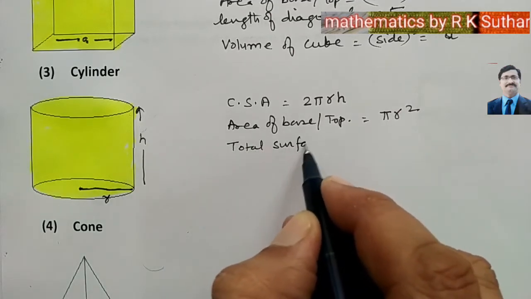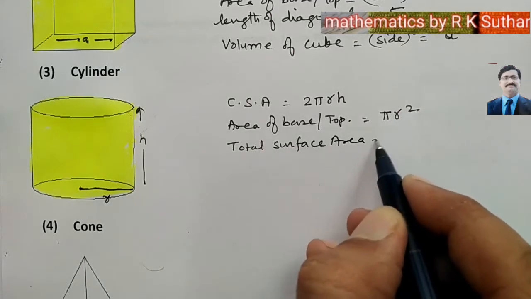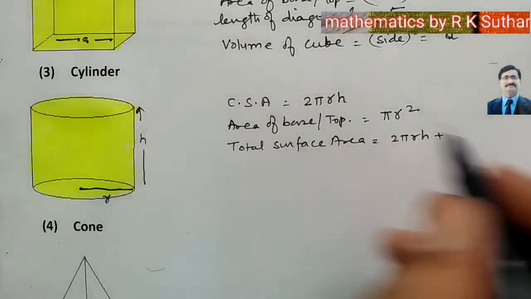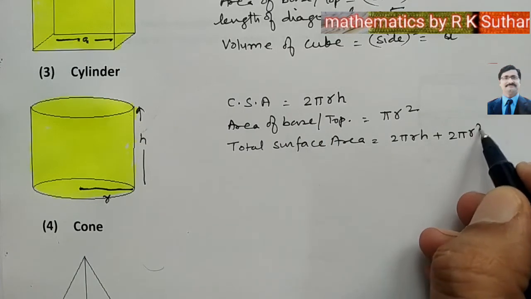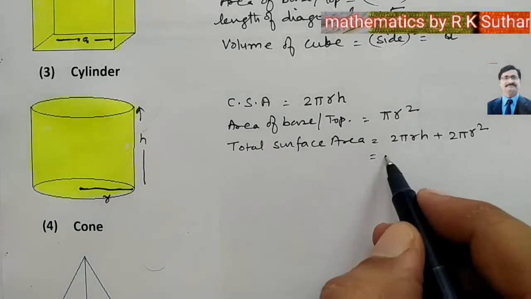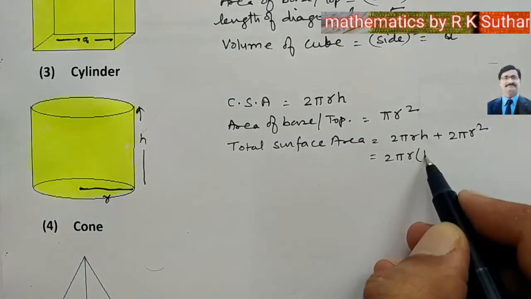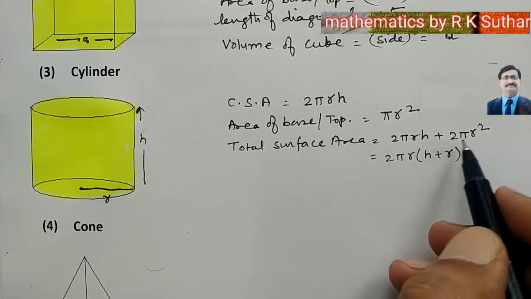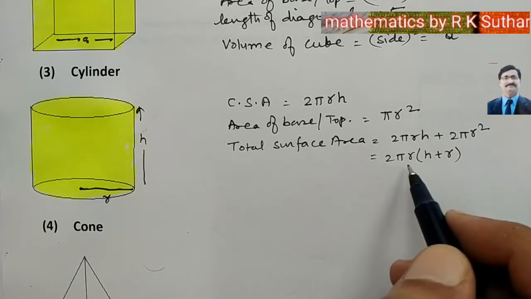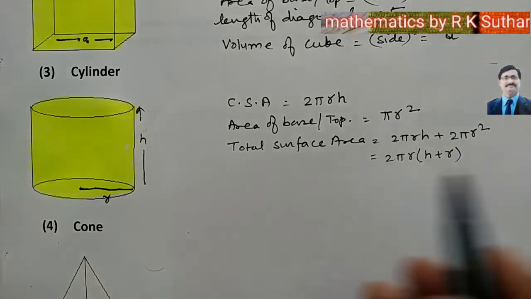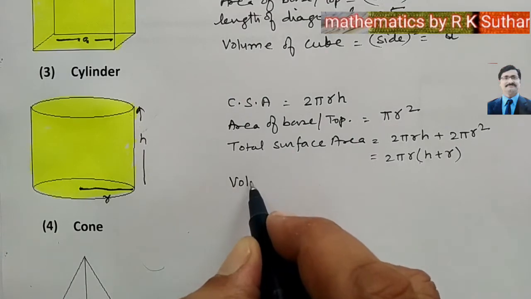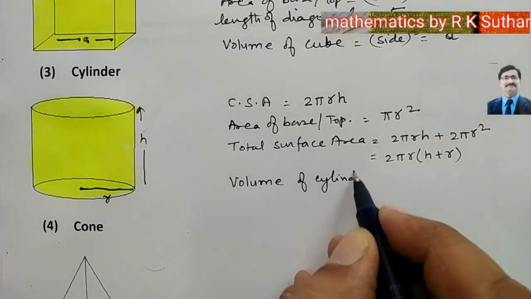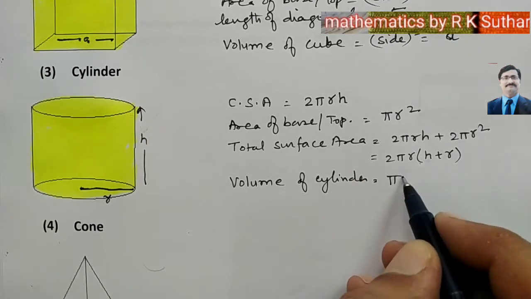Total surface area means curved surface area plus 2 circles, so we write 2 pi r square. If you want, you can take 2 pi r common and write h plus r. So you can write 2 pi r h plus 2 pi r square, or 2 pi r bracket h plus r. Any formula we can write here. Now volume of cylinder will be equal to pi r square h.